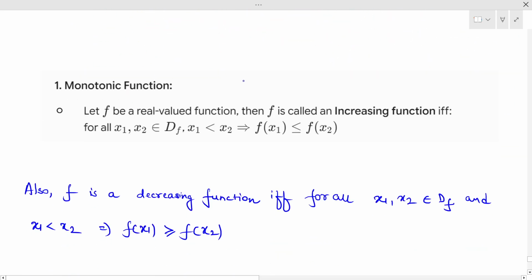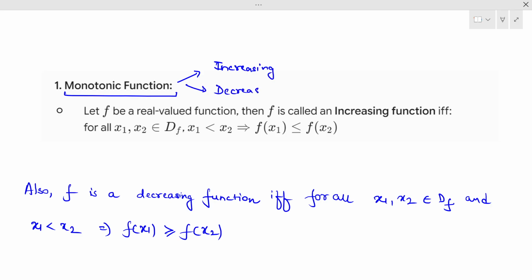Next, the final type of function is the monotonic function. What are monotonic functions now? There are two types: one is called an increasing function and one is called a decreasing function, right? So if f is a real valued function, then f is called an increasing function if and only if for all x1, x2 belonging to the domain of f such that x1 is less than x2, this implies f(x1) is less than or equal to f(x2). Let's see this on a graph.